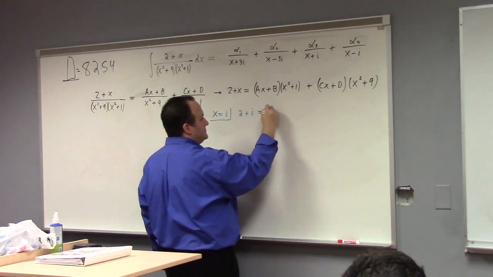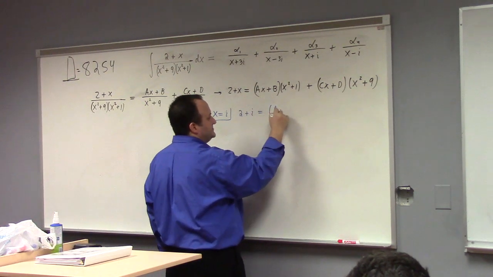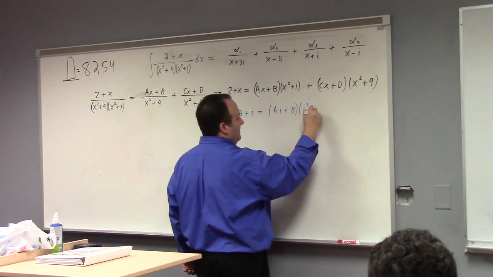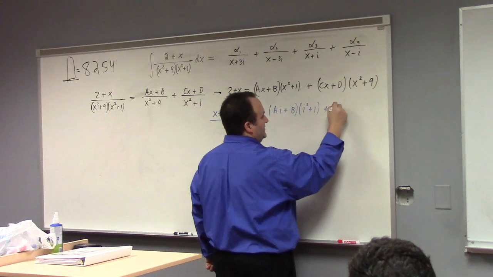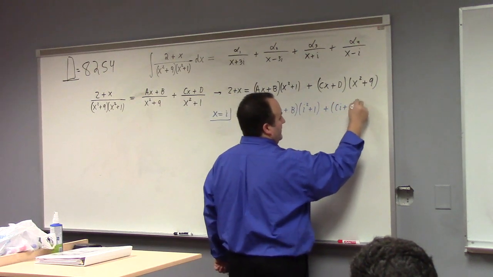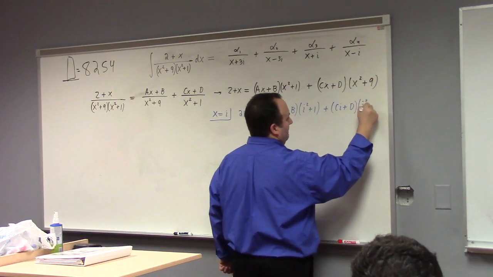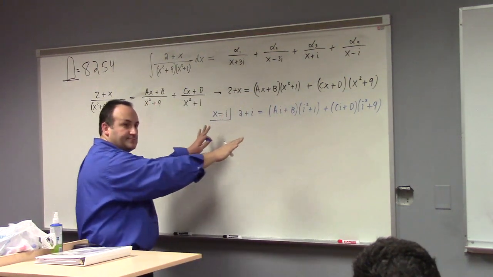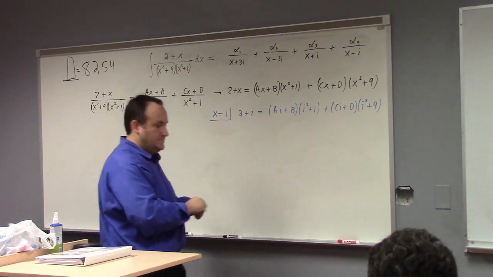equals to what? Well, (Ai plus B) times i squared plus 1 plus parentheses (Ci plus D) times i squared plus 9. All right, so I just plug in i. Then what?